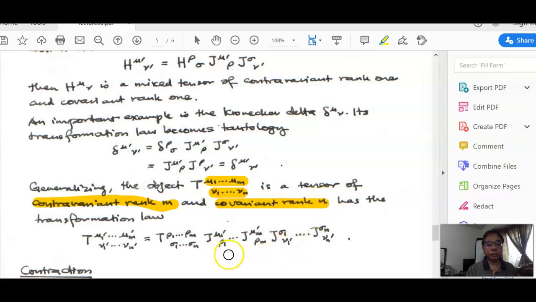And the way that they transform will be according to what we have seen earlier for the rank 2 cases. So for the contravariant rank m, the indices on top, you will have the product of m Jacobians, and for the covariant rank n, you will have the product of n inverse Jacobians.